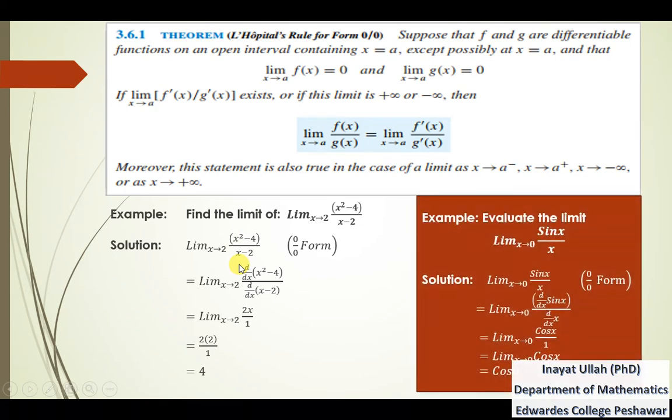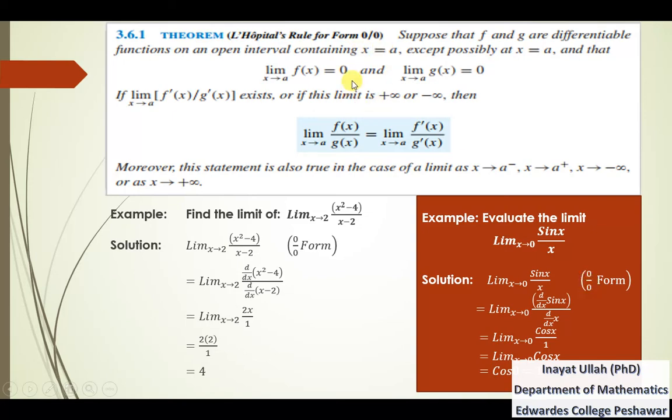So this is how to apply L'Hopital's rule. Now we see here, if you find the limit of this function, we know that limit x approaches 0, sin x by x equals 1. We know this formula. But if you replace x by 0 in the numerator, then sin 0 is 0, and if you replace x by 0 here, that is again 0 by 0 form.